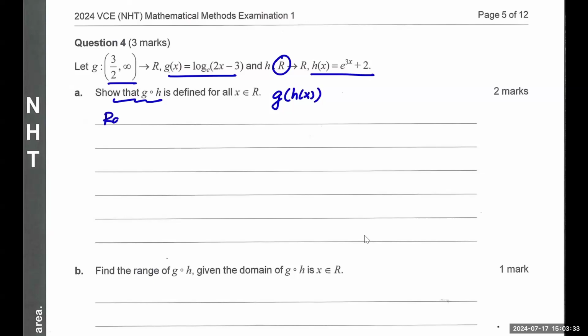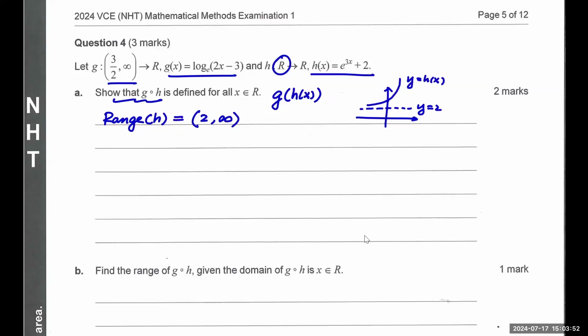So let's look at the range of the inner function. It must be 2 to infinity, because if you plot a quick graph here, this is y equals 2, and at x equals 0, y equals 3. Okay, so that is the graph of h of x.